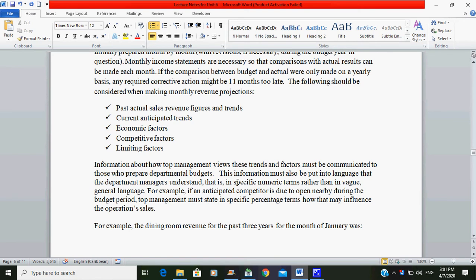That is, in specific numeric terms rather than in what? Vague general language. For example, if an anticipated competitor is due to open nearby during the budget period, top management must state in specific percentage terms how that may influence the operation's sales.